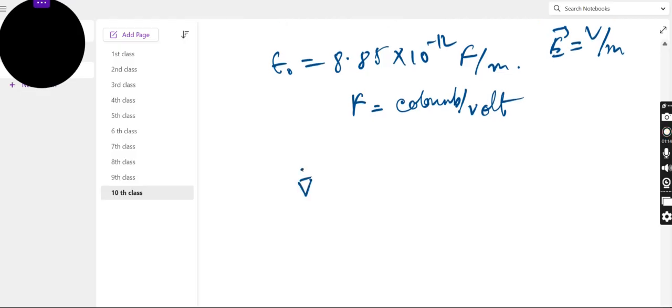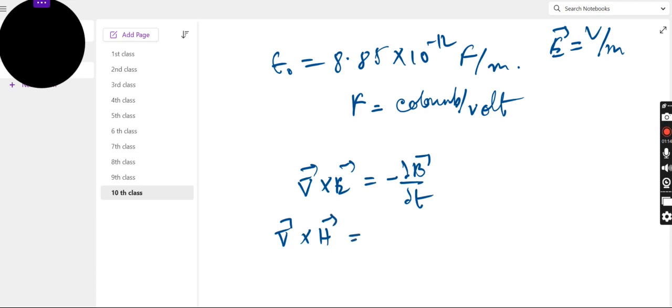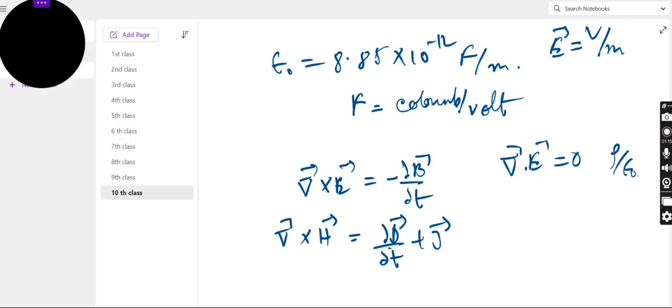So we know Maxwell's equations as curl of E equal to minus del B by del t, curl of H is equal to del D by del t plus J. Divergence of E equal to rho by epsilon naught, basically.